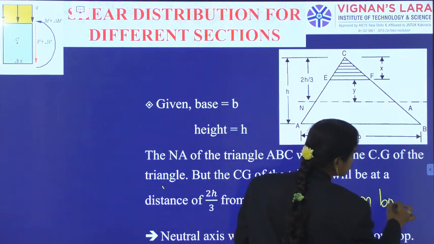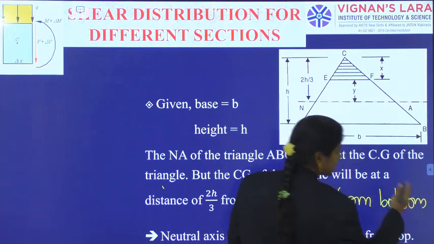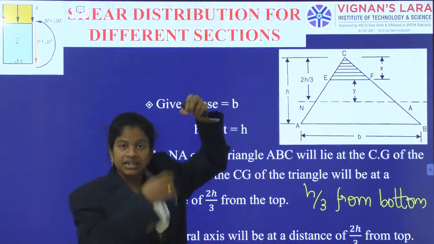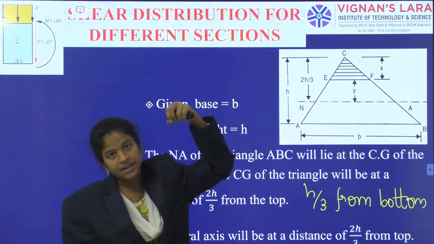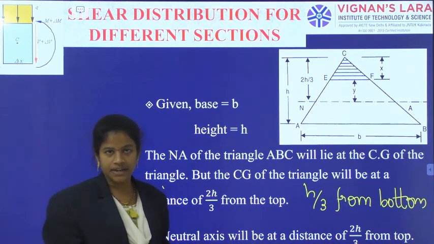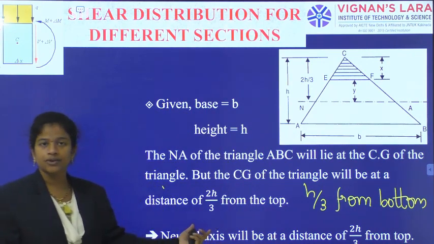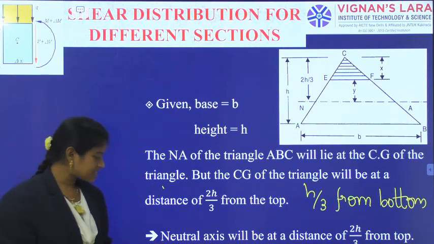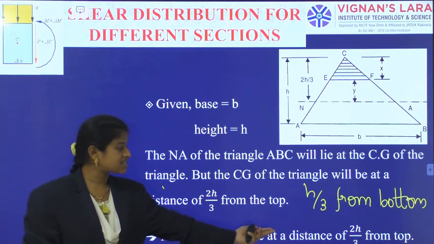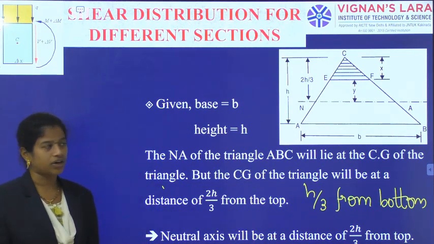Anything you can remember, please don't remember both. Any one way you can remember. From the tip, that is the far distance, from the tip it is at 2h by 3. That is enough. So that means the neutral axis will be at a distance of 2h by 3 from the top only.